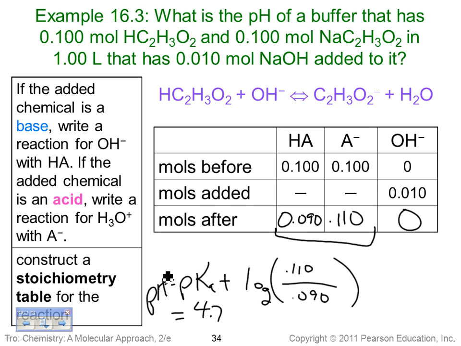And the pKa, I believe, was 4.74 for acetic acid. So what's pH going to be? 4.83.